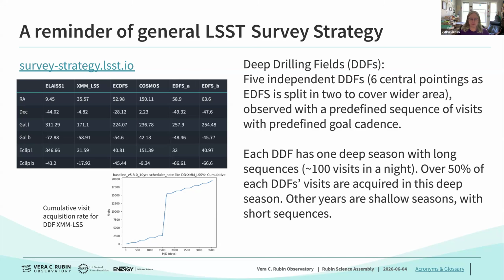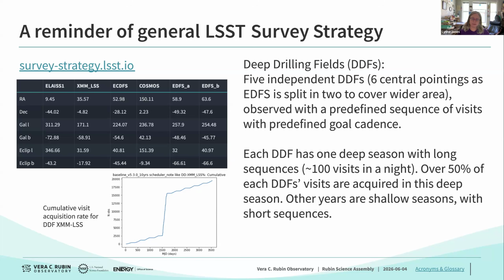Because of needs around getting very high supernova numbers and also needing to monitor things over longer time periods, we've actually split this so that each DDF has one or more Cosmos deep seasons where there are very long sequences, so that they get maybe 100 visits in a night.